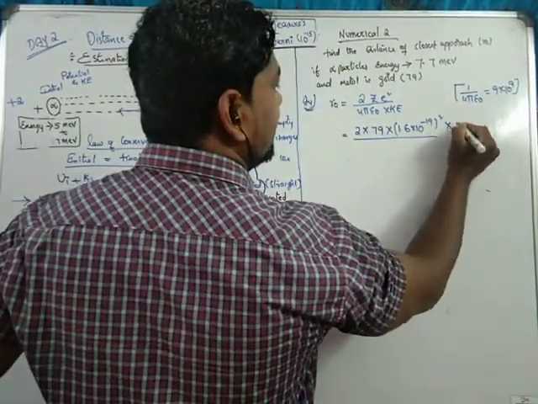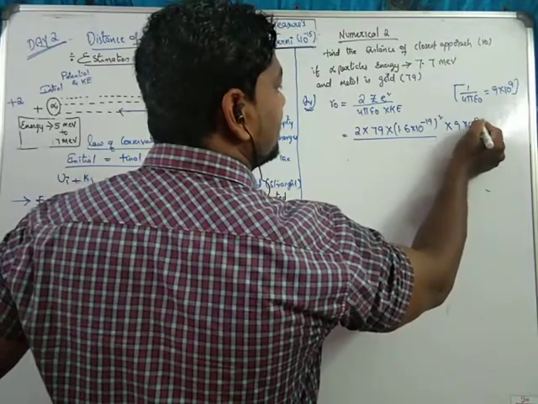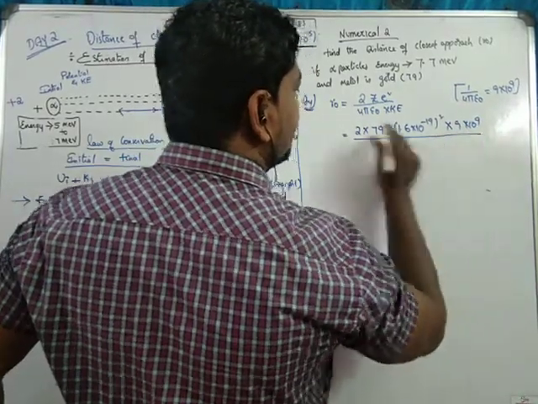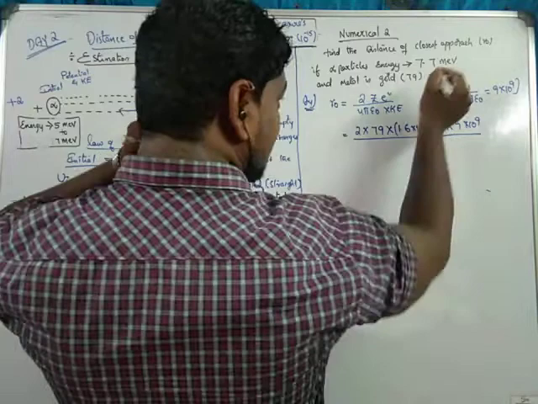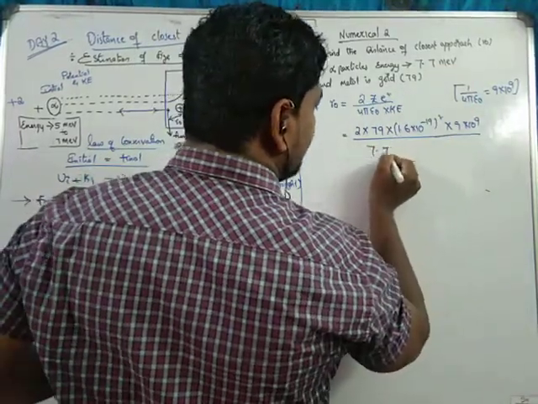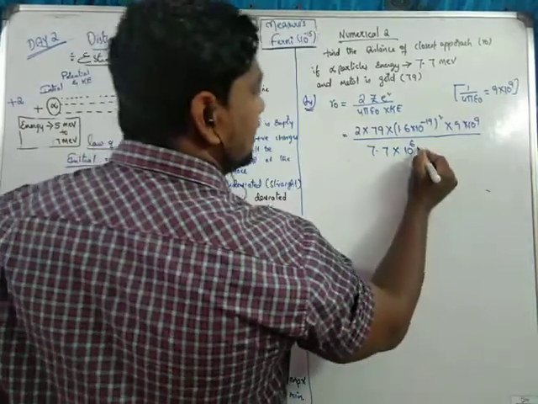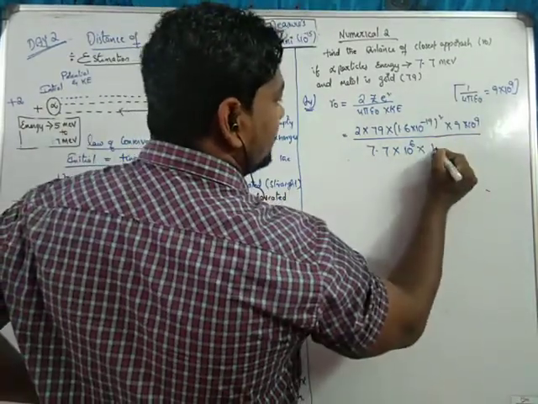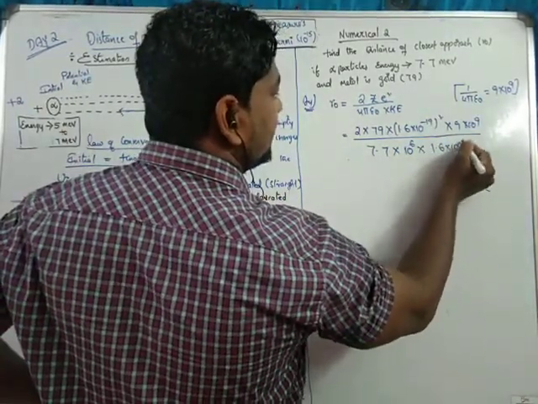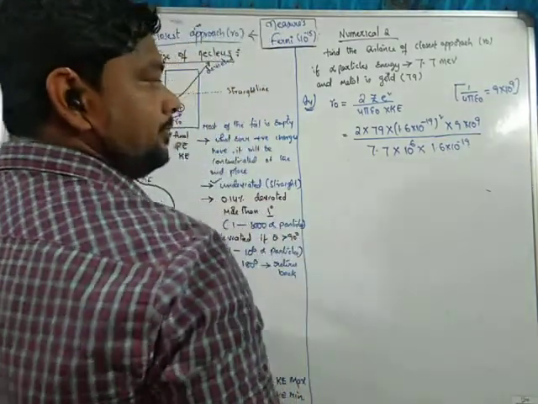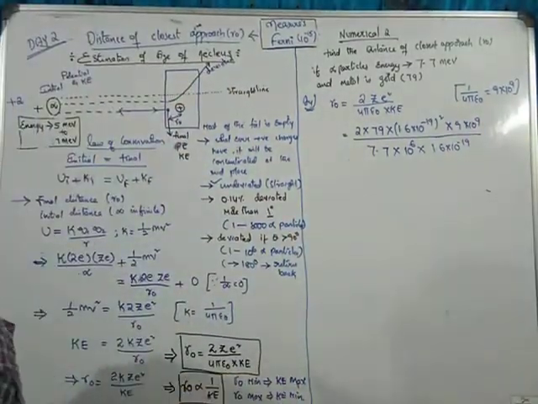So we are multiplying with 9 into 10 to the power of 9 divided by the kinetic energy, given as 7.7 into mega 10 to the power of 6 into electron 1.6 into 10 to the power of minus 19. So these are the substitutions.